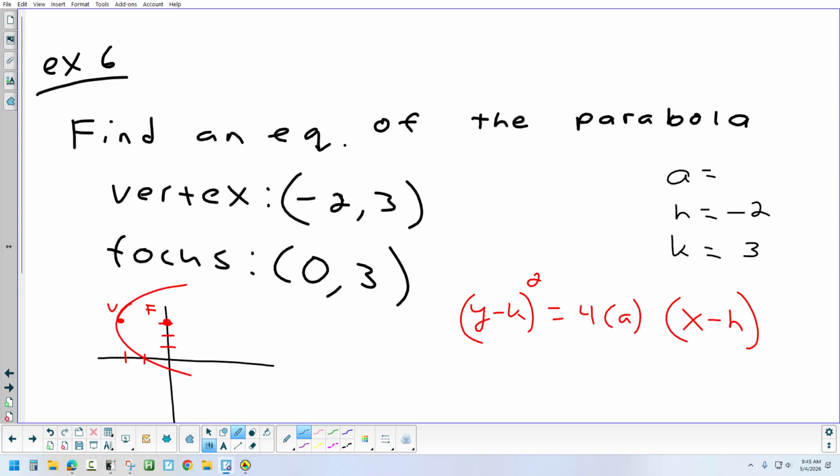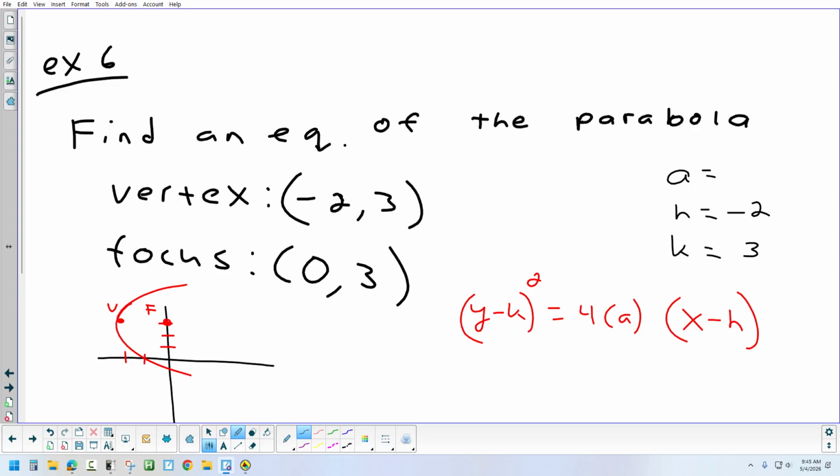H and K are usually the easiest ones because they're given to you directly if they tell you the vertex. And then what about my A value? What's that going to be? 2? And how'd you get that?